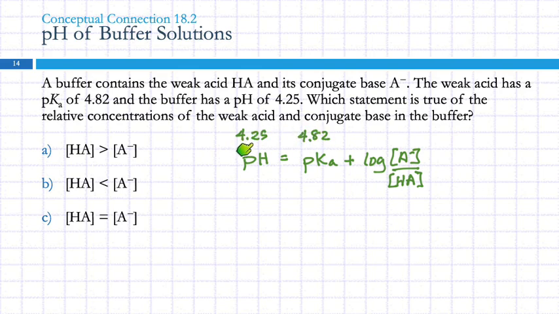Do we have more acid or more base to make the pH go lower? There's more acid, which means there must be less base. So I'm going to choose this one: the conjugate base is lower in concentration than the acid.